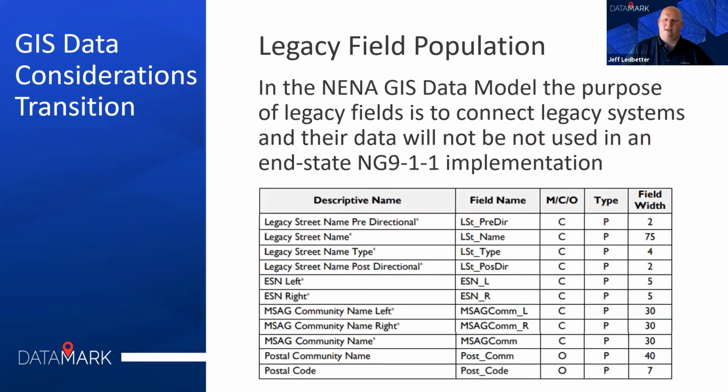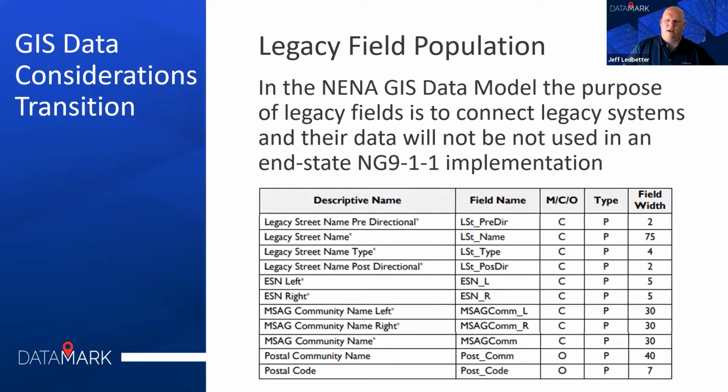In road centerlines, as well as address points, and maybe even a couple more in the strongly recommended data sets as well, these fields are: the legacy street name pre-directional, the legacy street name, type, post-directional, ESN left and right on road centerlines, and ESN on the address point, the MSAG community left and right on road centerlines, MSAG community name on the address points, postal community name, and postal code.